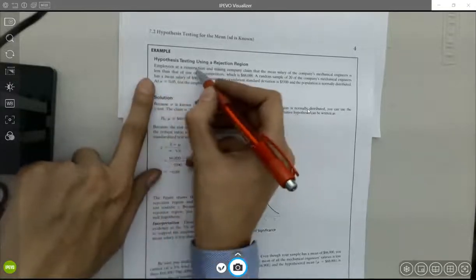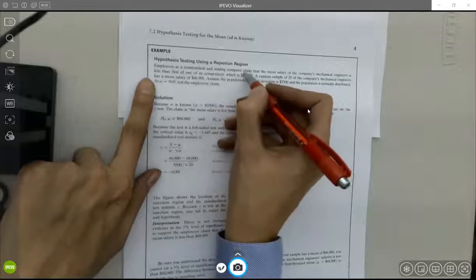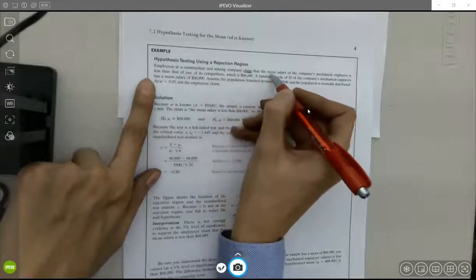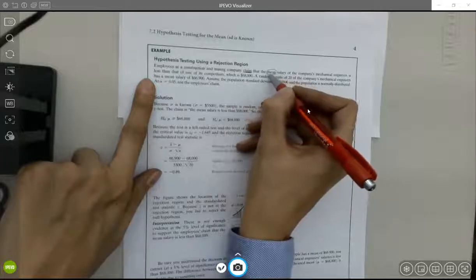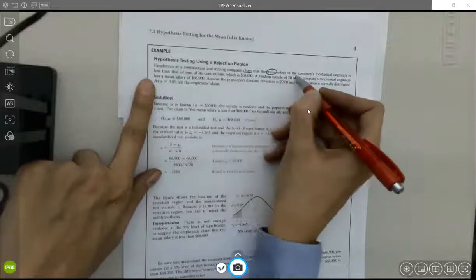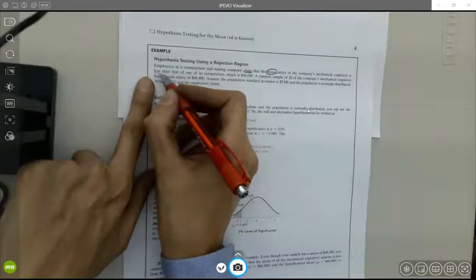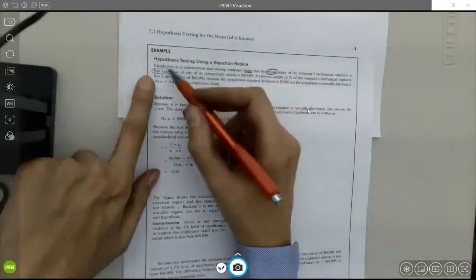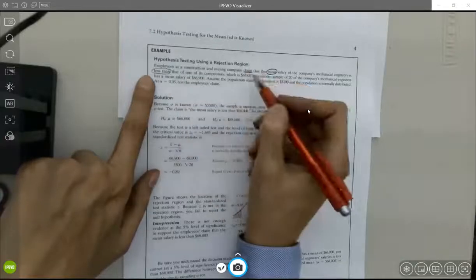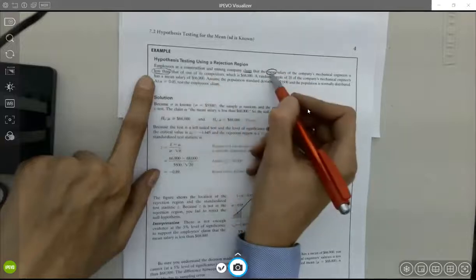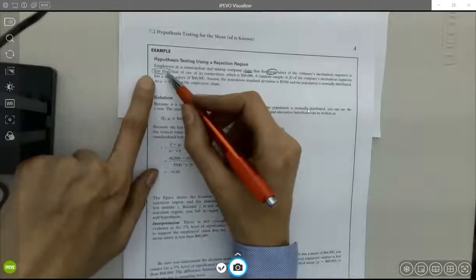Employees at a construction and mining company claim, okay, our claim is given, everyone, that the mean salary, keyword, mean salary of the company's mechanical engineers is less than, another keyword for you, mean is less than. So what's given to you?